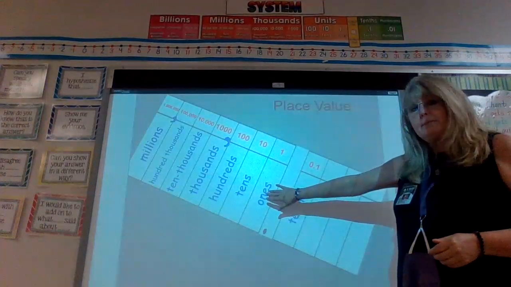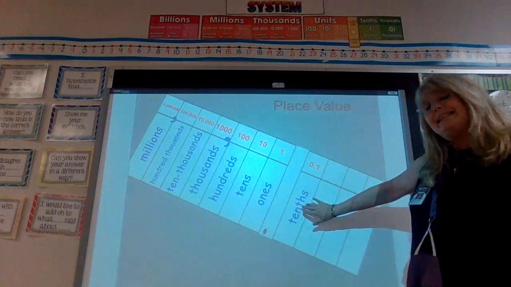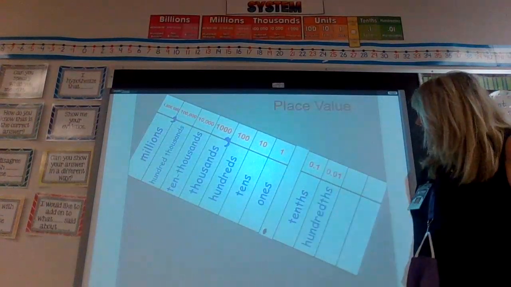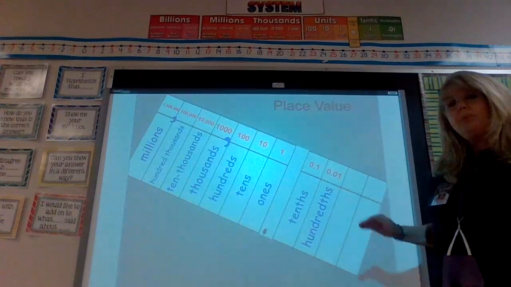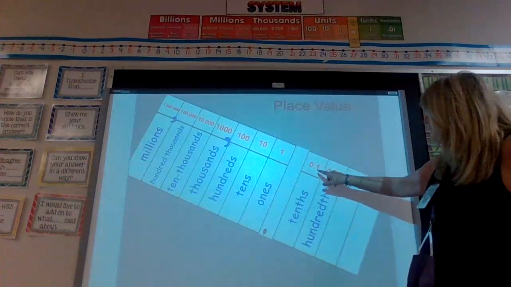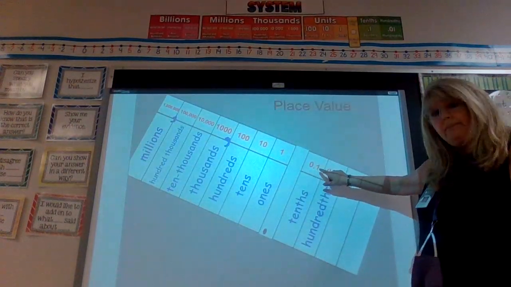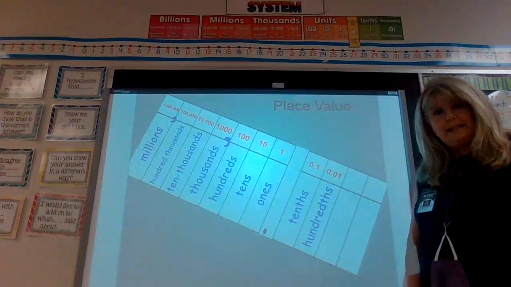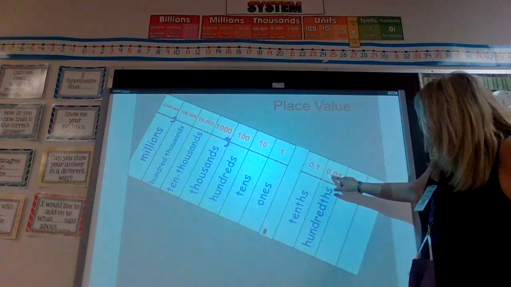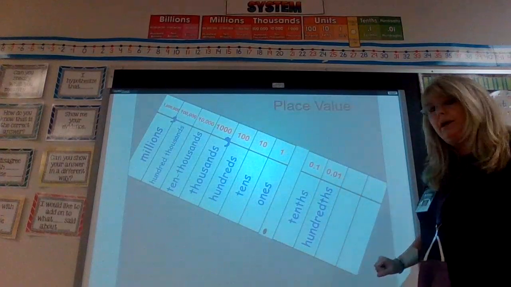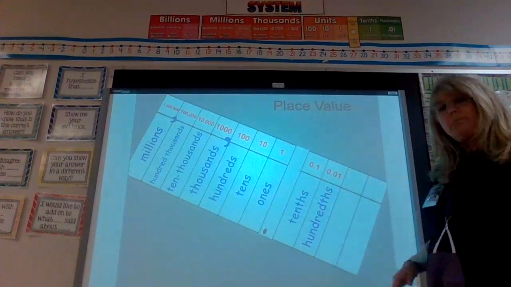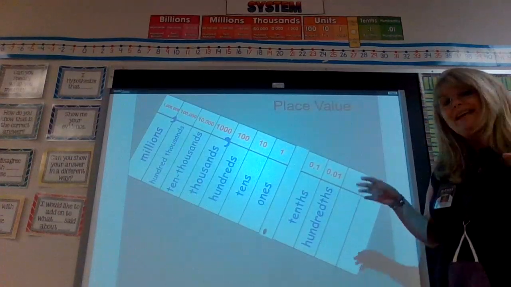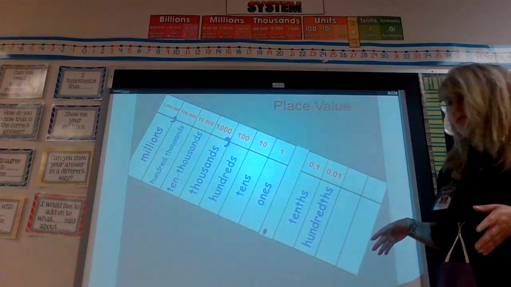We don't have a ones place again, so we have tenths and we have hundredths. Notice when you look at it and we're talking about it decimal wise, 0.1 represents tenths. 0.01 represents hundredths because that 1 is in the second place over from the decimal point and that place says hundredths.